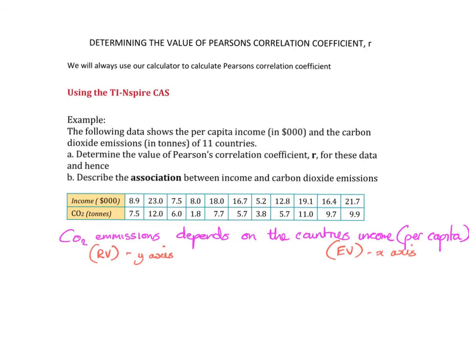So we're going to do that now on our calculator, and then once we've got that R value, we're going to use the table to work out what the relationship is. The calculator instructions are there in front of you. We will go through them in class to make sure that you are using your calculator properly.